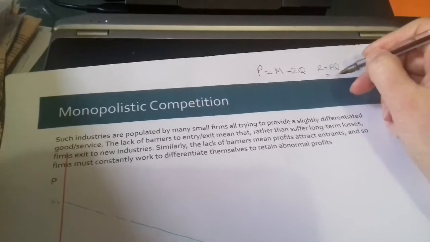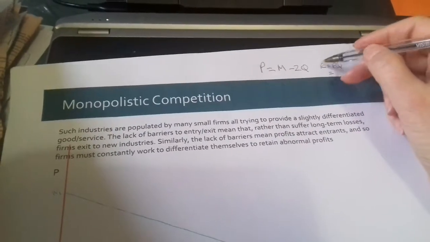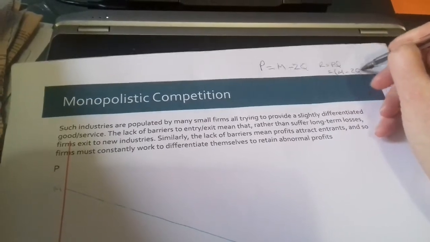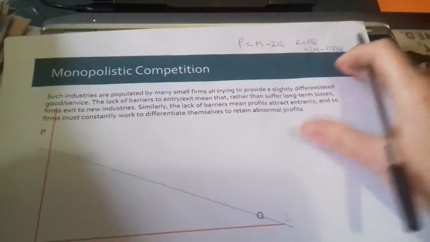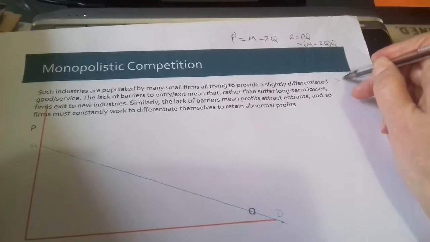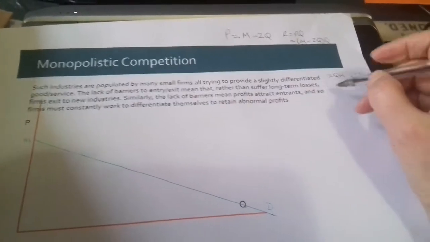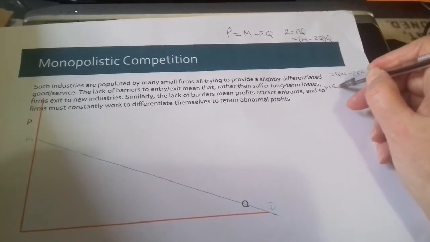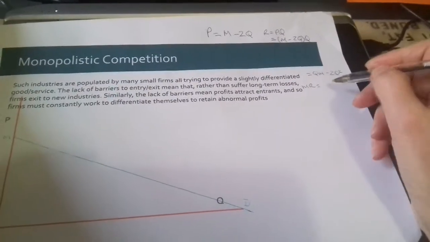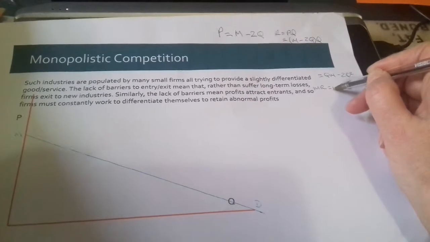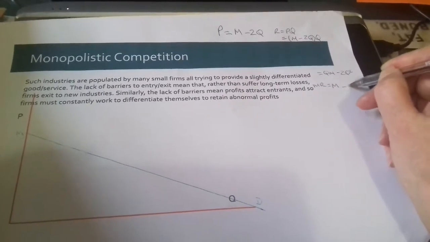So in this case, q times (m minus 2q) would simplify to qm minus 2q squared. If we differentiate this, divide it through by q in order to find the slope of marginal revenue, our marginal revenue slope will be m minus 4q.